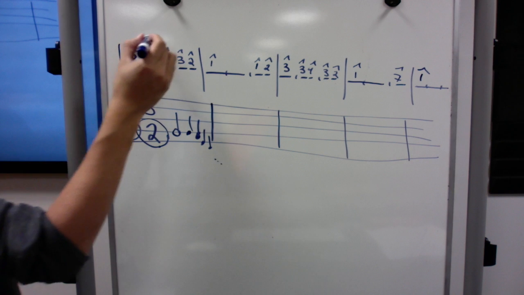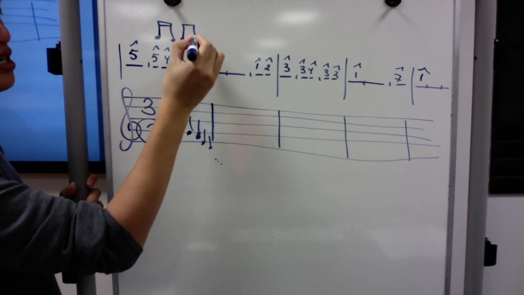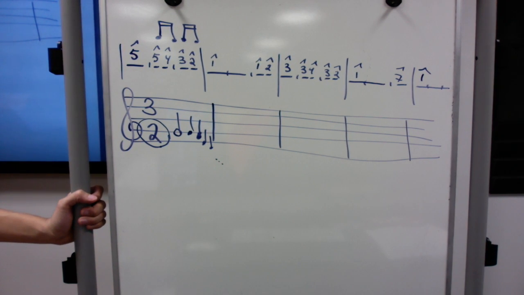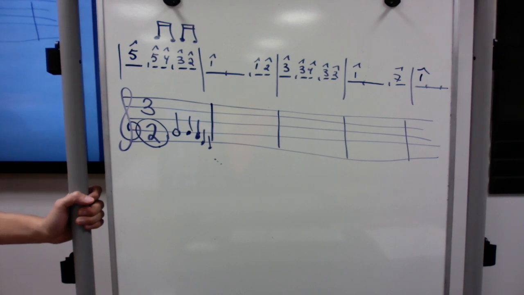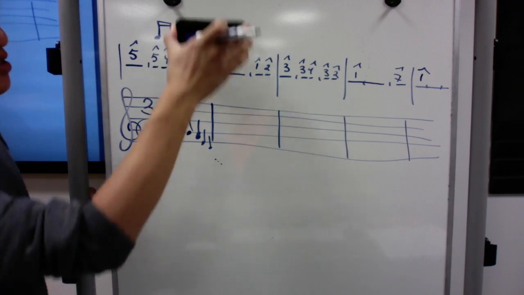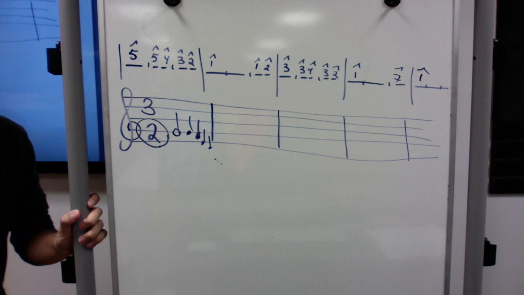If the notation looked like this, for example, with 2 pairs of 16th notes, what's the bottom number? 4. 8. Oh, 8. Okay, you got where I'm going with this. Good. Next, let's talk about the next note here. It lasts 2 beats.